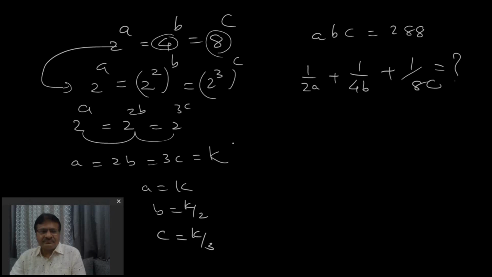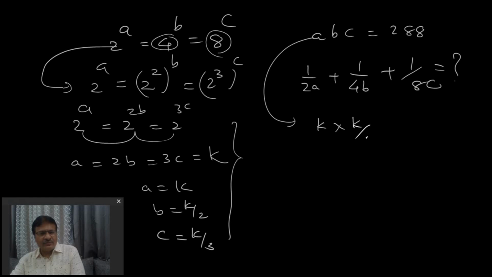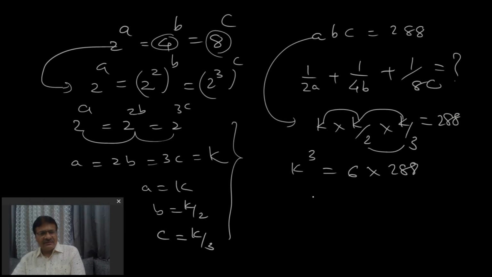Now, if I put here a is k, b is k by 2, c is k by 3 equal to 288, then the multiplication is k cube by 6 equal to 288. I am cross multiplying into 288. Yes, no?